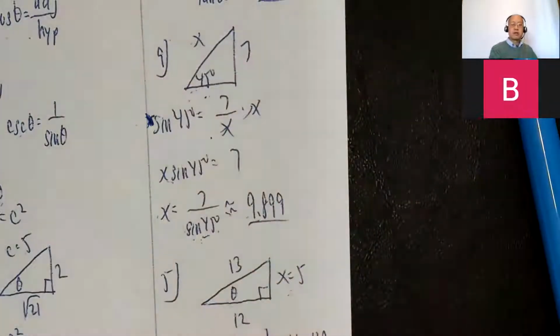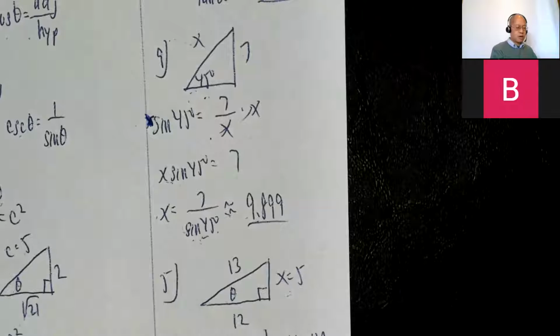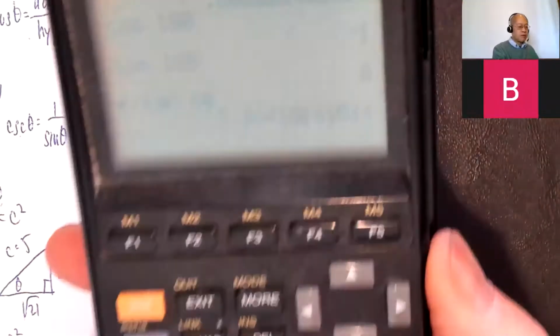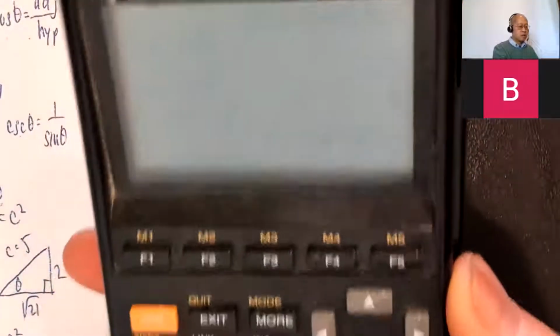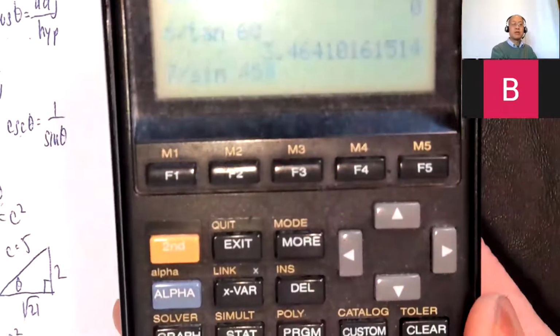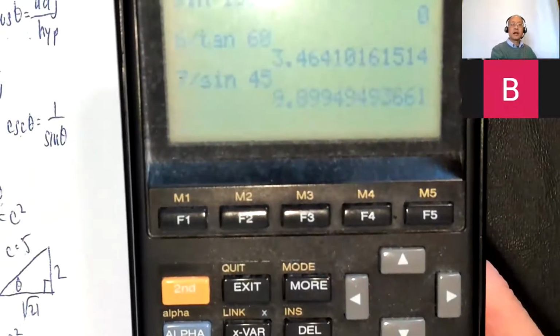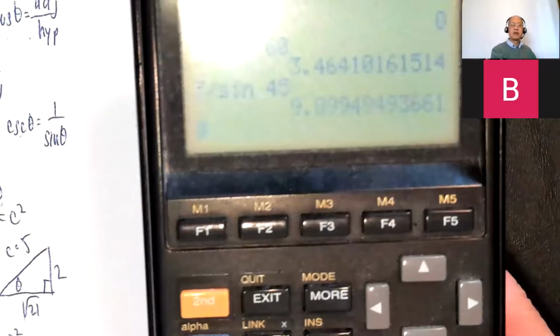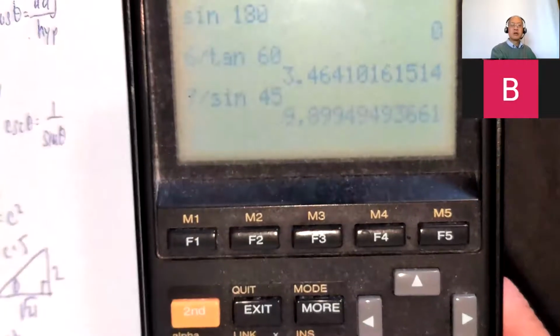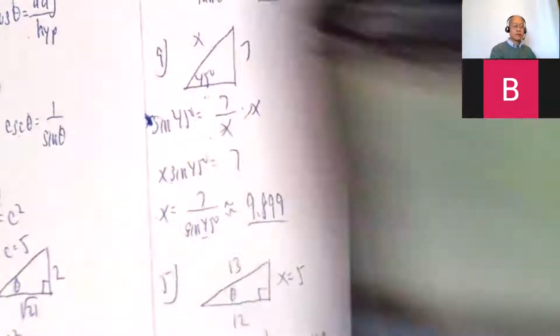Check that out: 7 divided by sine 45. 9.899. Very close to 10. And there we go.